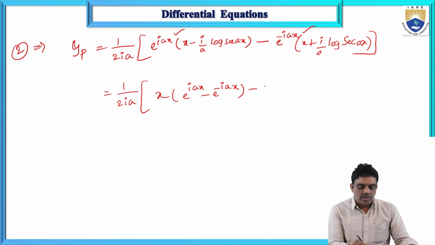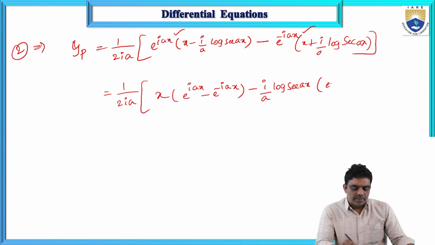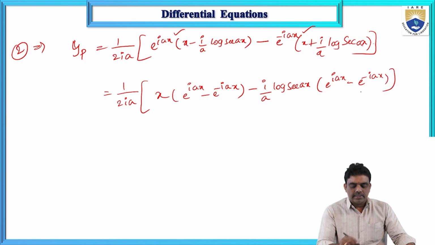So minus also you can take out common, minus i by a log of secant ax on taking outside. So what you will get in the first step, e power iax and minus i by a. So here also i by a log secant ax gone out. You will get minus e power minus iax.